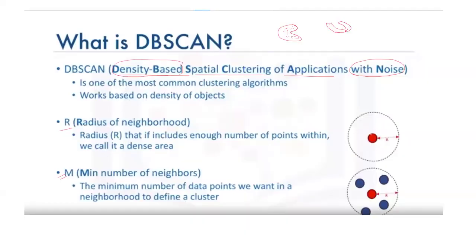If you say 2, then it will pick up only the two nearest neighbors, and then on those two nearest neighbors, it will again consider the same radius and identify which observations are falling inside that particular radius. So it will iterate only two times if you mention the minimum number of neighbors as 2.